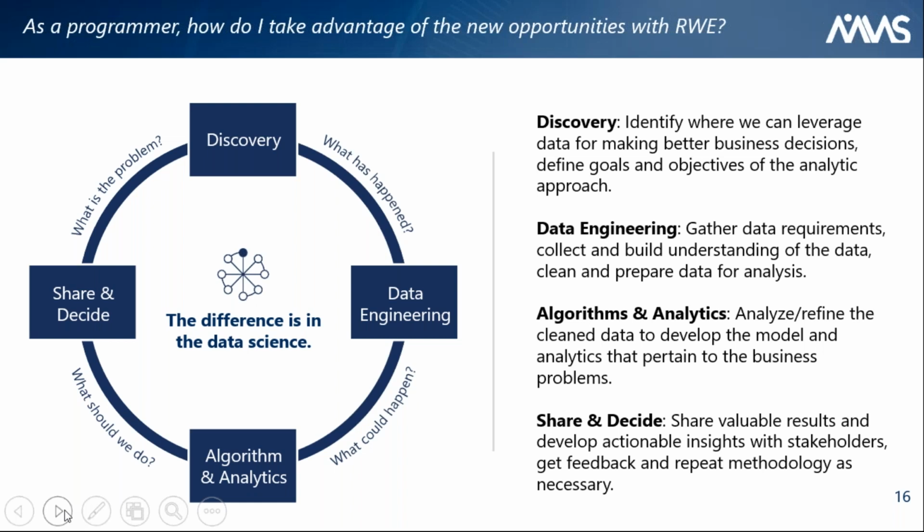So if you see that wheel, there are 4 different steps: discovery, data engineering, algorithm and analytics, and share and decide. One of the important steps in the process is the data discovery and ensuring data are fit for purpose. So how do we do that? When we choose the data, one of the very important aspects is generalizability.